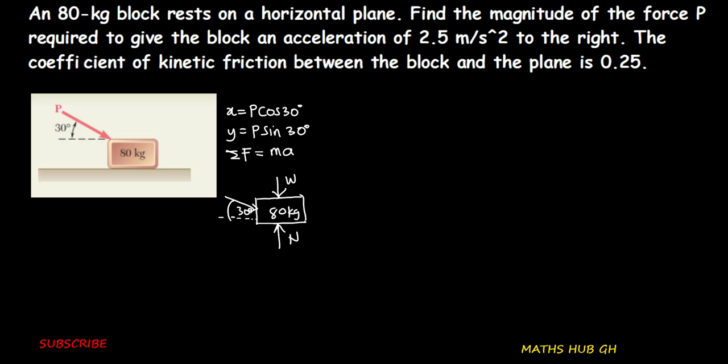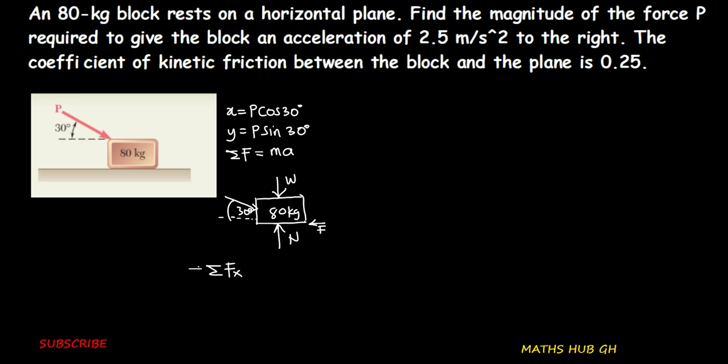And because there is friction between the block and the plane, we are going to have frictional force F. Those are the forces acting on the block. First of all, we are going to consider the sum of the forces in the horizontal direction.